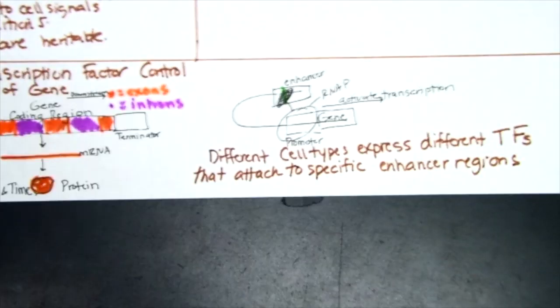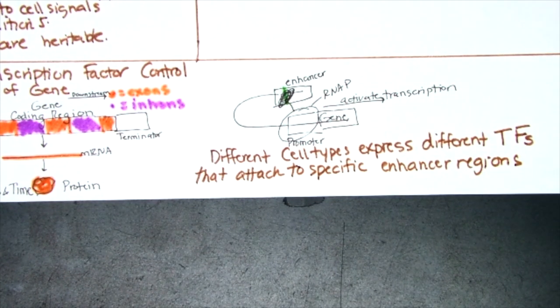So if you have specific transcription factors attaching to specific enhancer regions, the presence of those transcription factors allows you to turn on specific genes by activating gene expression.